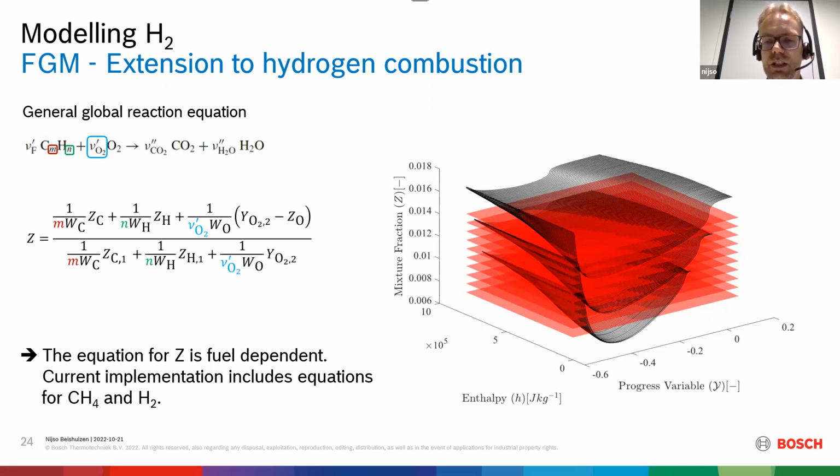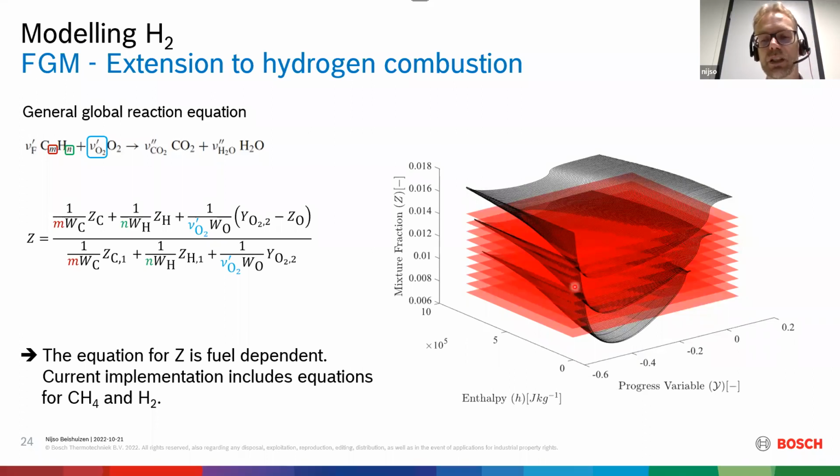Now the lookup tables are again obtained by solving 1D flames for different enthalpy levels. But in addition, we also have to vary the equivalence ratio and compute the mixture fraction. This leads to the black manifolds shown in the figure, where on each of the manifolds the equivalence ratio is constant.